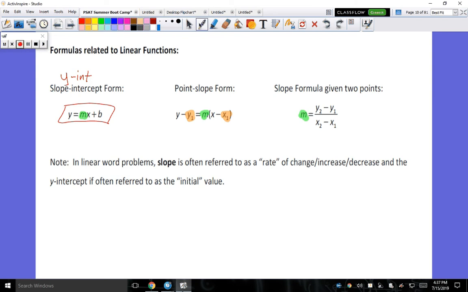And the slope formula is the change in y over the change in x. In linear word problems, slope is often referred to as the rate of change, increase or decrease, and the y-intercept is often referred to as the initial starting value. You see this a lot with the one-time fee that we were talking about earlier. Questions? Okay.